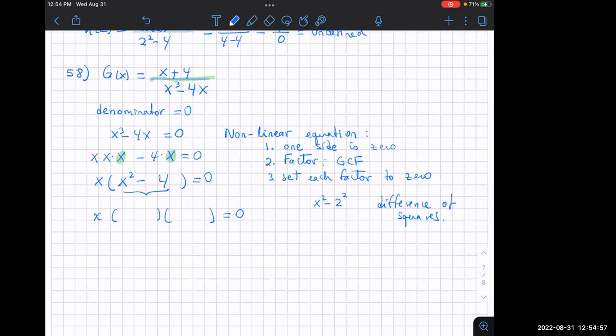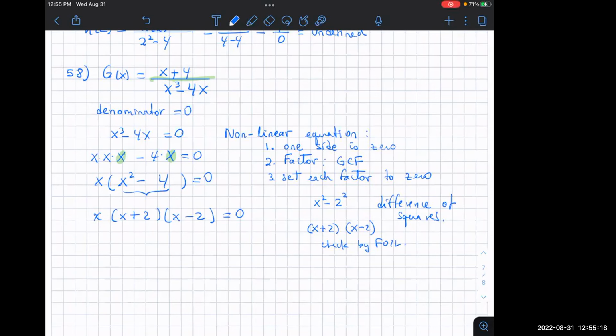It's plus or minus, right? x plus 2, x minus 2. Yes. And you can check this by FOILing. So x squared minus 4 becomes x plus 2, x minus 2.